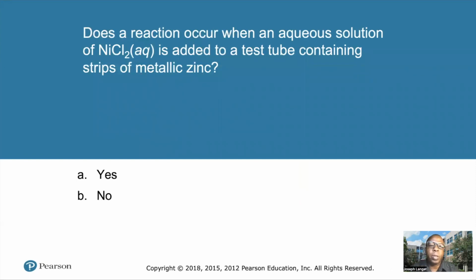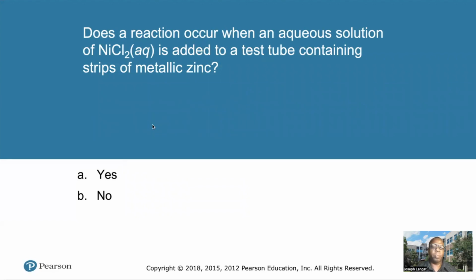Now, an example on single replacement will help. Does a reaction occur when aqueous nickel(II) chloride is added to zinc? You need to see if nickel is so strong it won't let zinc replace it. I need nickel above zinc in order to say there is a reaction, or there is no reaction.